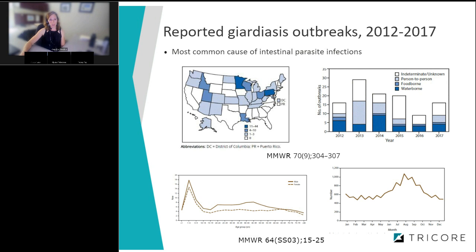And so many of these are waterborne outbreaks, but there's also some person-to-person transmission, some foodborne transmission, and some that are indeterminate or unknown. The graphs down here show the percentage of the population that tested positive across different age groups. So you can see there is a spike in the age 1 to 4. Again, childcare-associated illness. And then this shows monthly rates of infection. And you can see there's definitely an increase of this illness in the summer.